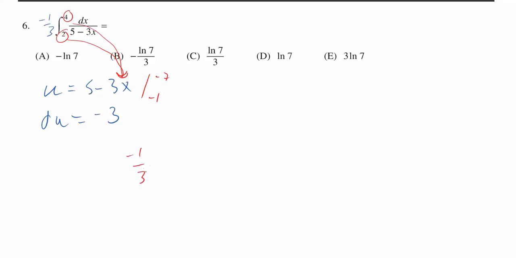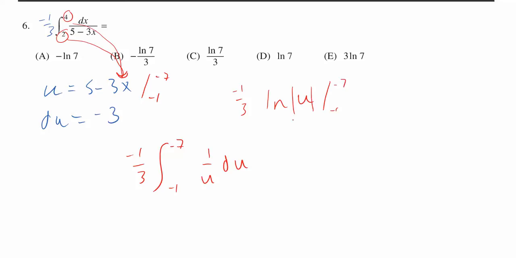So negative 1/3, the integral from negative 1 to negative 7 of 1 over u du. Then we take a look. The integral of 1 over u du is the natural log of u. Keep that negative 1/3 from negative 1 to negative 7.